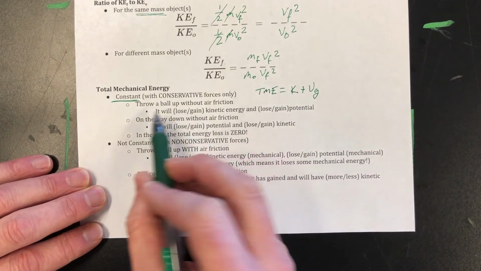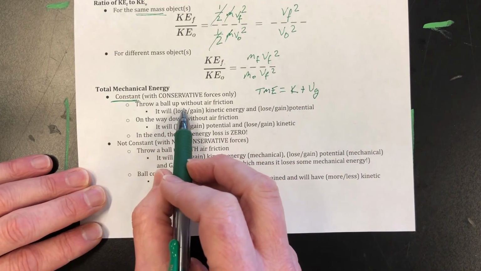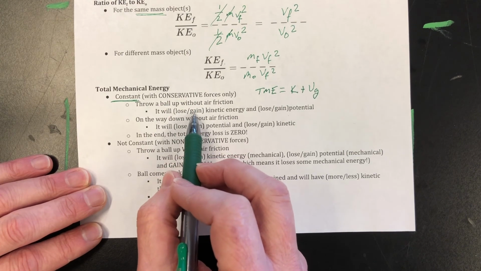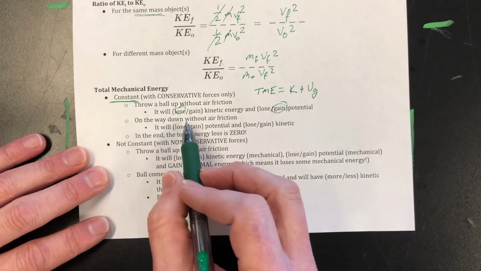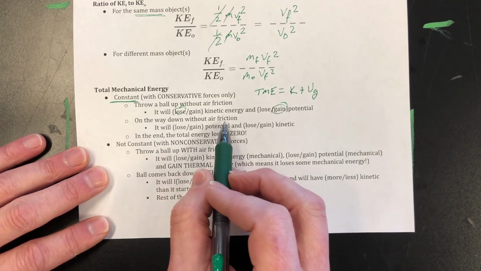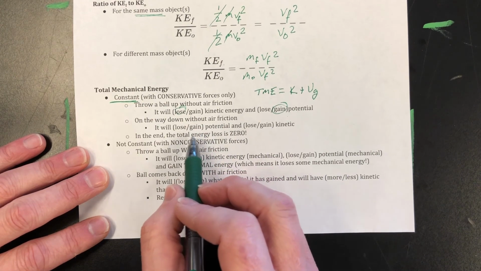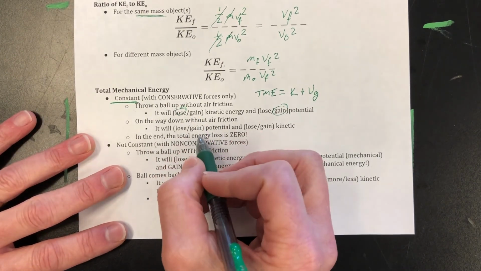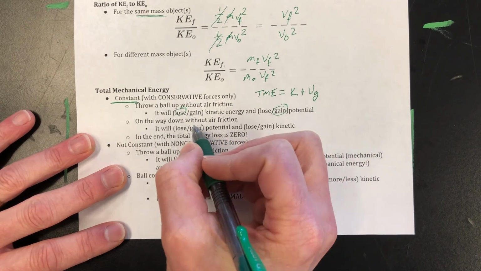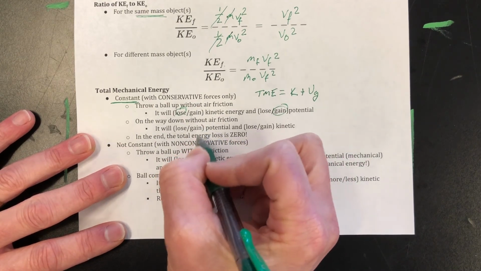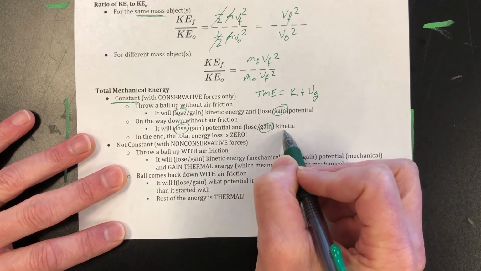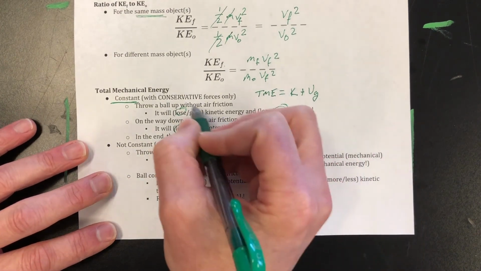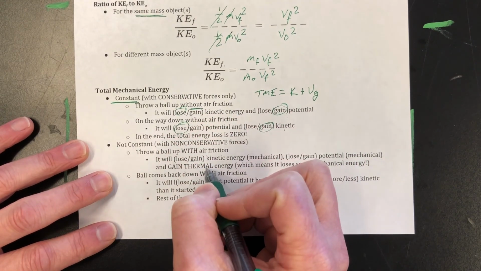If I throw a ball up without any air friction, it will lose kinetic energy, and it will gain potential energy. On the way down, it will lose potential and it will gain kinetic energy. So this is without any air friction.